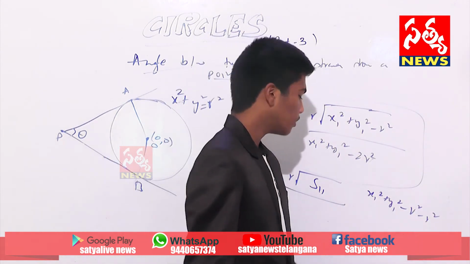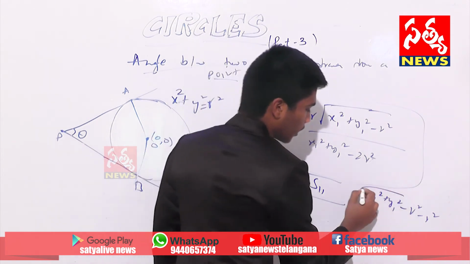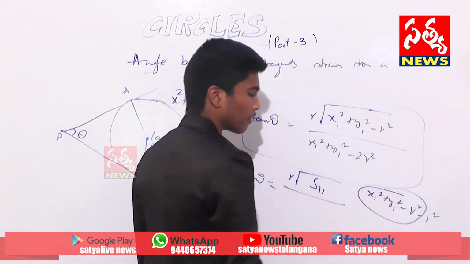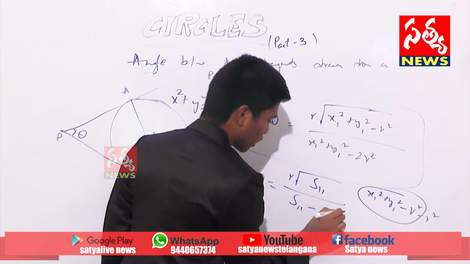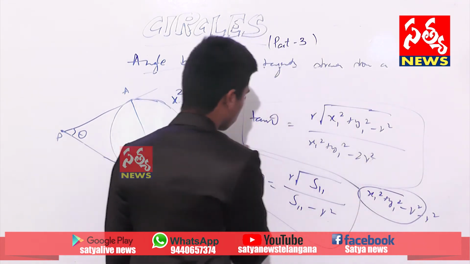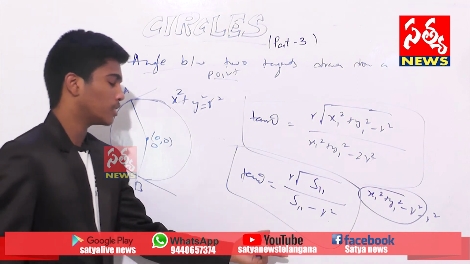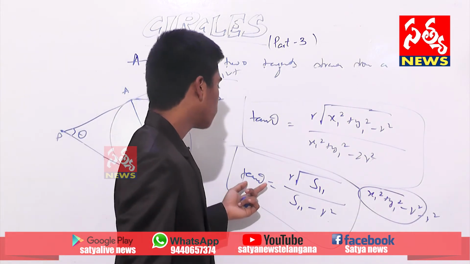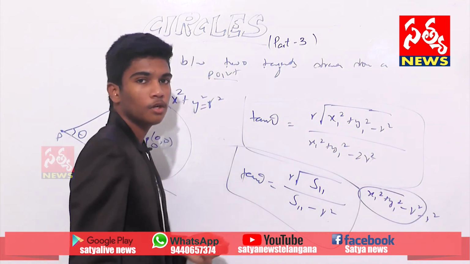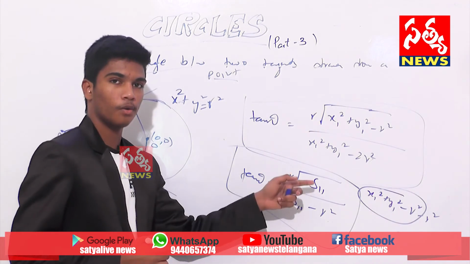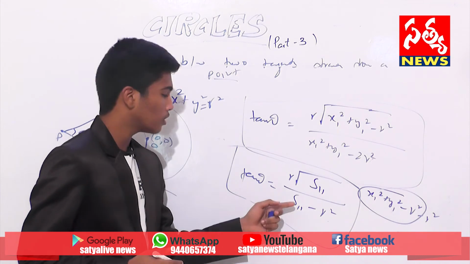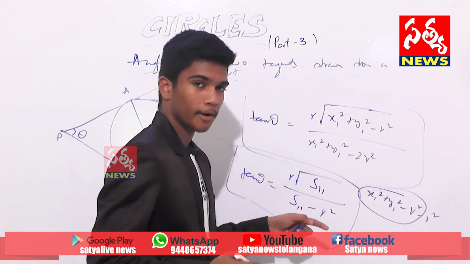We can write like this, right? Taking x1 square plus y1 square minus r square as S11, this is a simplified equation for finding the angle between two tangents drawn from a point. Tan theta is equal to r under root S11, where r is the radius, by S11 minus r square.